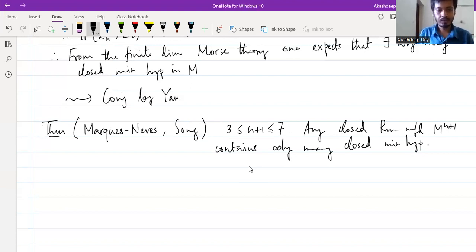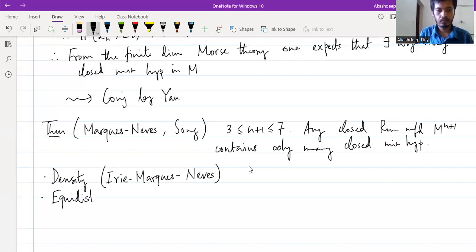For instance, the density theorem by Irie, Marques, Neves. The equidistribution theorem by Marques, Neves, Song.